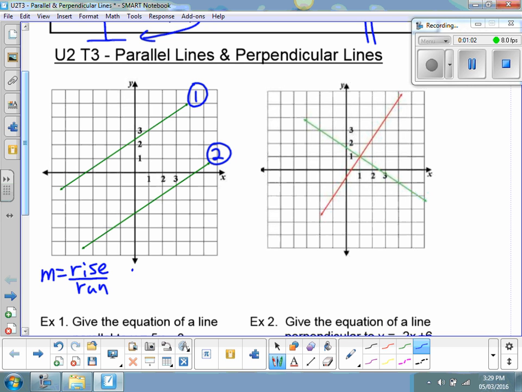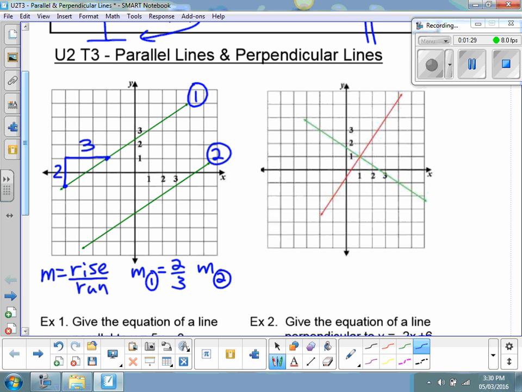So if I'm going to find the slope of line 1, so maybe I'll go from that point to that point. So working from left to right, this has a rise of 2 and a run of 3. So that's the slope of the first line.